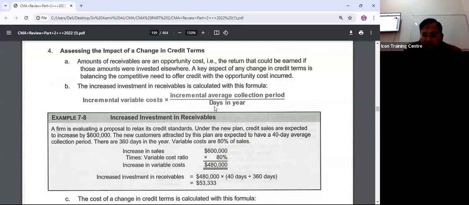So increase in sales is $600,000, variable cost ratio is 80%. So increase in variable cost is $480,000. Now increase in investment in receivable will be 480,000 multiplied by 40 days divided by 360 days, which is 5,333. This will be the increase in receivable investment. This is the amount which will be locked under the receivables, right?